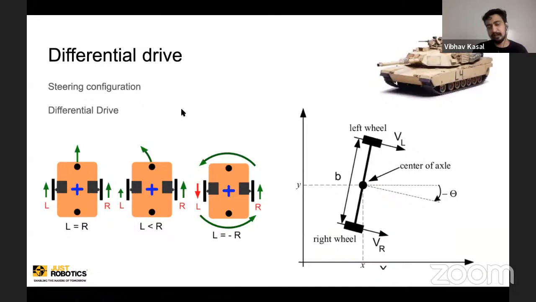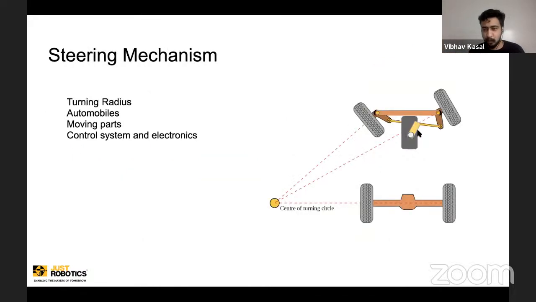The other kind of drive that we see is a steering configuration, or a steer drive. In all automobiles, cars, trucks, everywhere you have a steering mechanism. But the steering mechanism has moving parts.